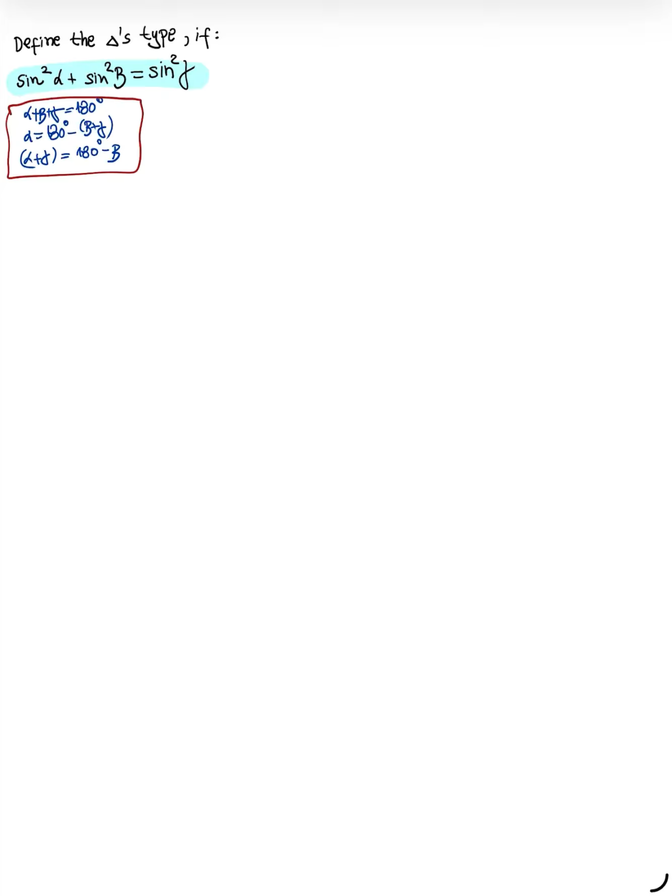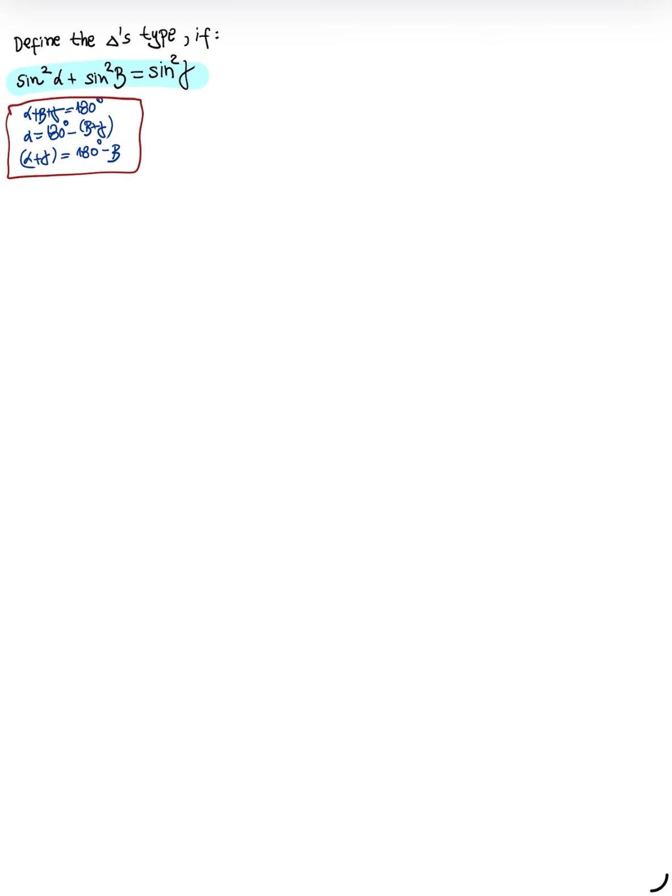Hi guys, today's exercise is slightly different because instead of just solving and doing some calculations, given the condition that we are working in a triangle, here we are going to define the triangle's type. So here we are not only working with the angles of the triangle, but we are searching for its type.